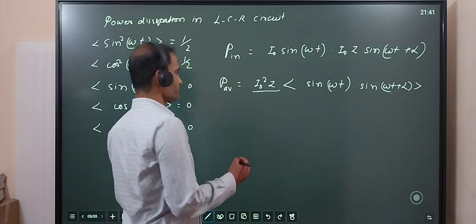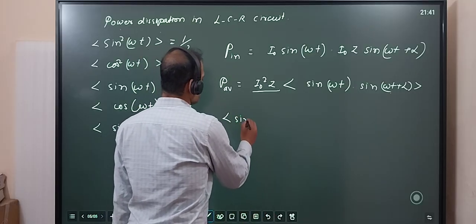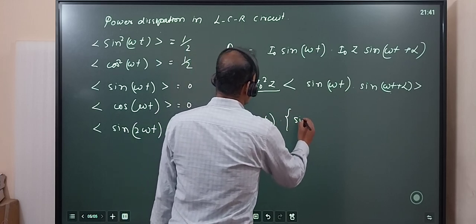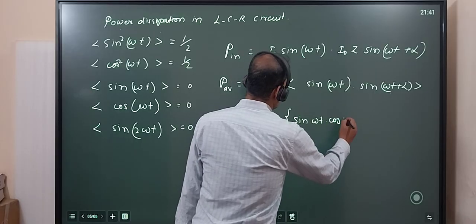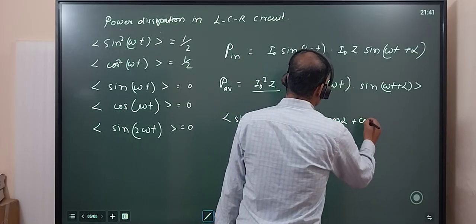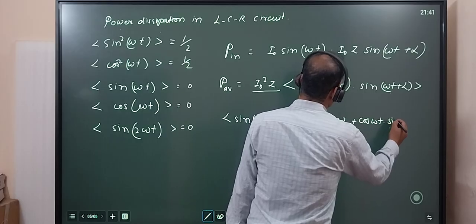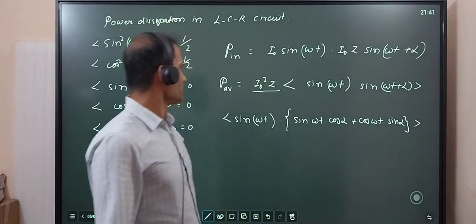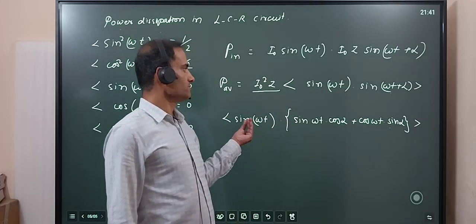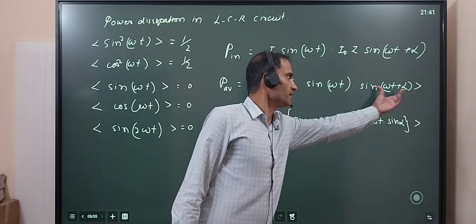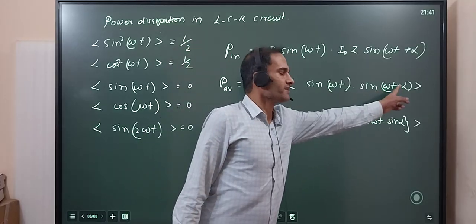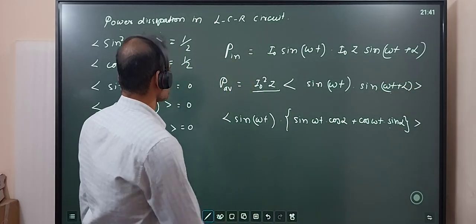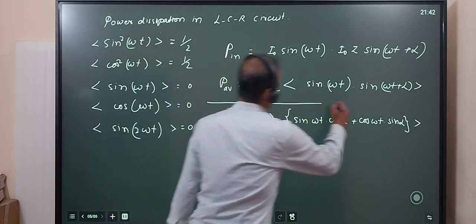I will do it. So we have to find the average value of sine omega t into (sine omega t cos alpha plus cos omega t sine alpha). I am expanding sine (omega t plus alpha) as sine omega t cos alpha plus cos omega t sine alpha.